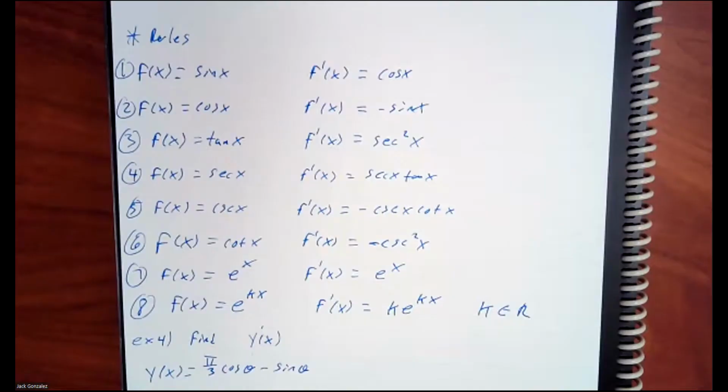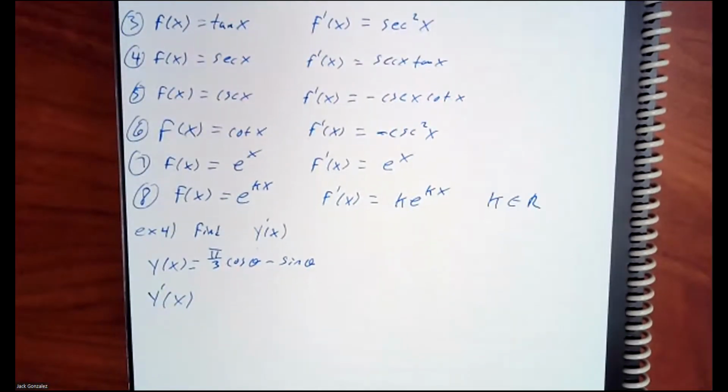Okay, let's see. Find the derivative of y. y is equal to pi thirds cosine minus sine. What is the derivative of cosine? Negative sine.